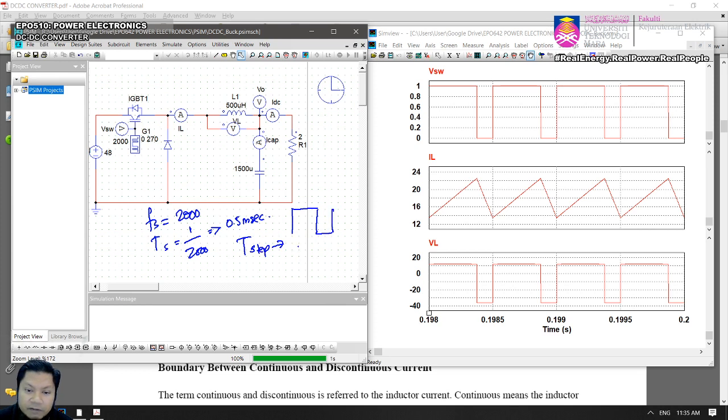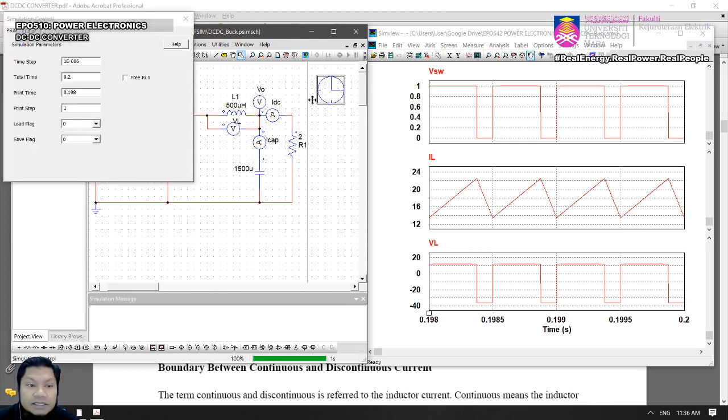If you make the simulation step very large, you're not going to have a proper on and off; instead of a square shape, you will have a non-square shape, and that will affect the output of the simulation.